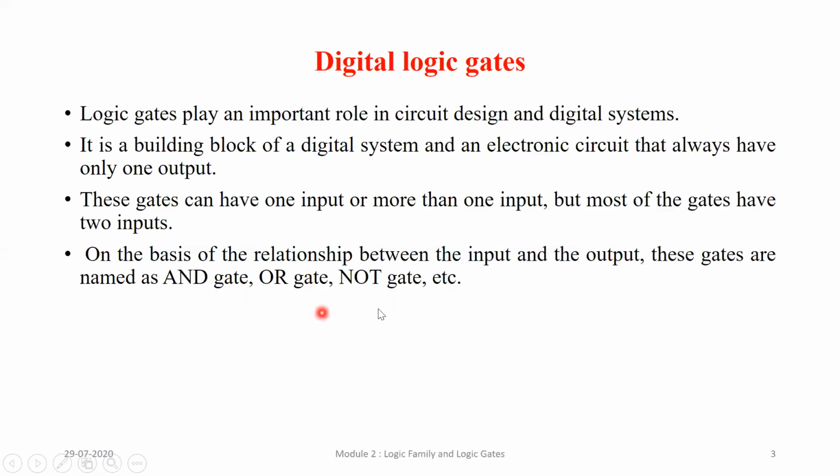Based on the input and output relation, we have given some names, and we will see why those names are given. So let us study different types of gates. Those are basically ICs, like your capacitor and inductor. Gates are some types of ICs, 8 pins, 16 pins, and so on, depending on the type of IC that you are selecting.